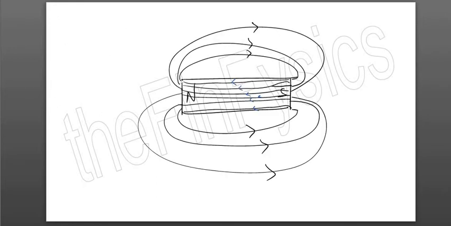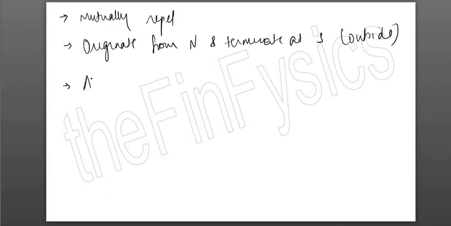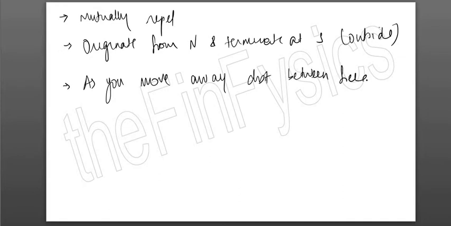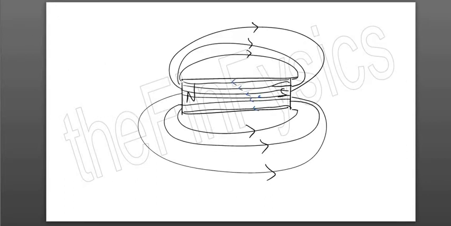The third point, just look at the diagram, you'll get the third point. They do not touch could be your third point, or as you move away, the distance between the field lines increases. I forgot the fourth point. These are completely imaginary, so you cannot see them. So these are a few points of magnetic field lines.